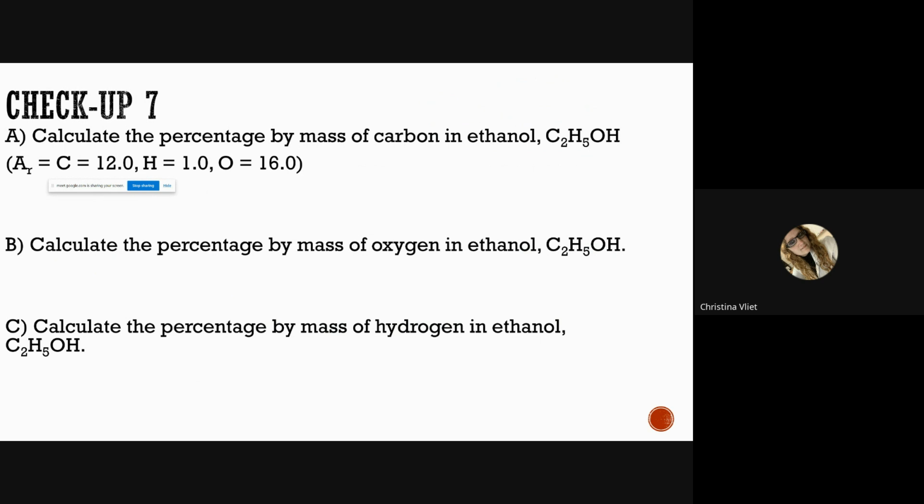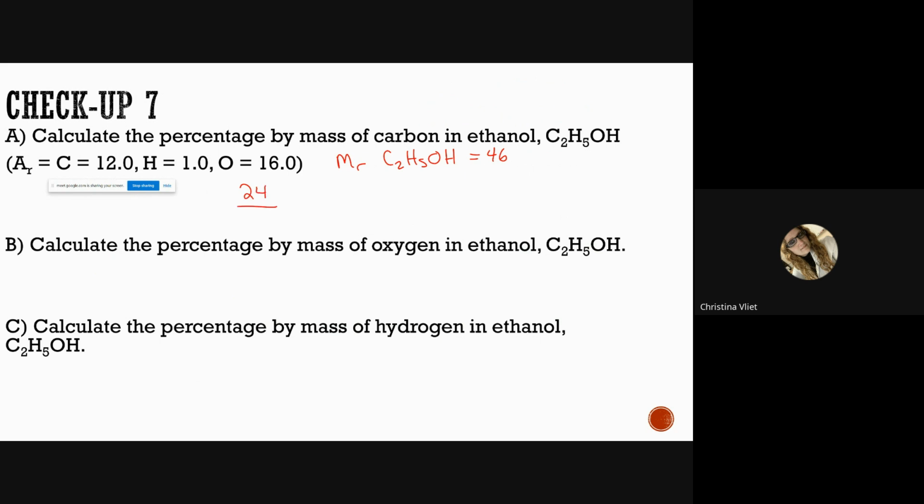All right, I'm going to show this process real quick. First thing I would do is get the MR of C2H5OH. The MR of C2H5OH is 46. So I would start by getting that. Now, how much is the mass of carbon in C2H5OH? 24, right?